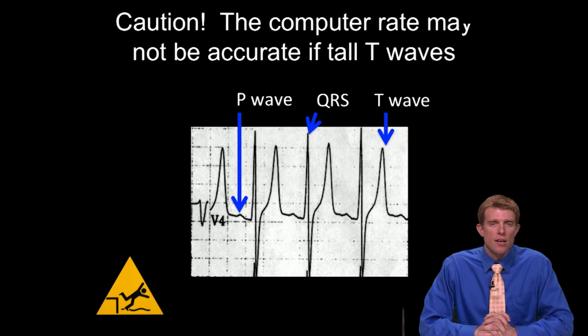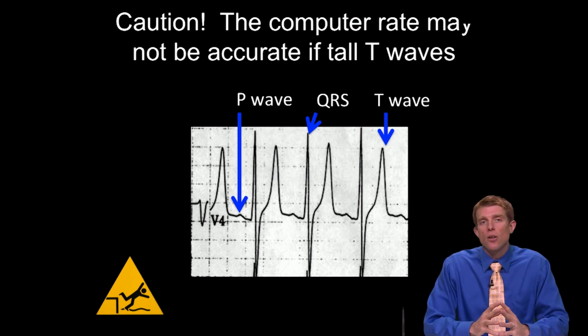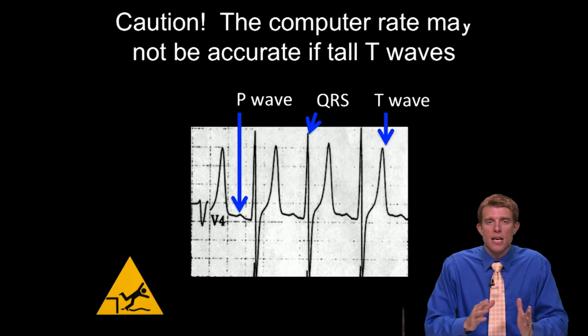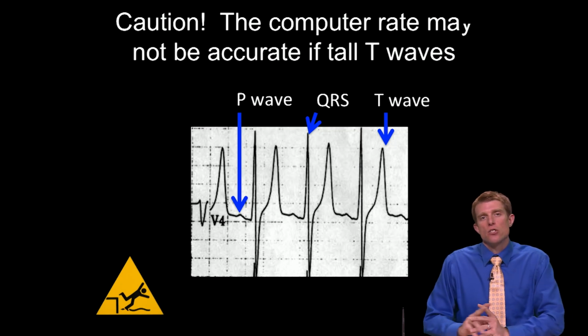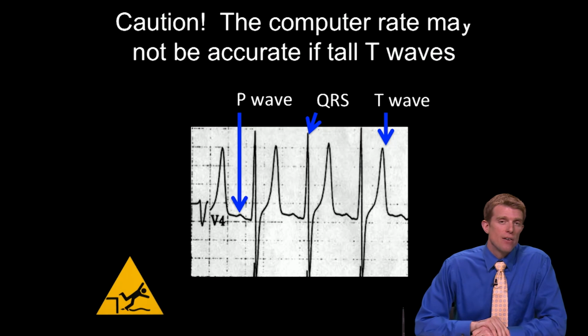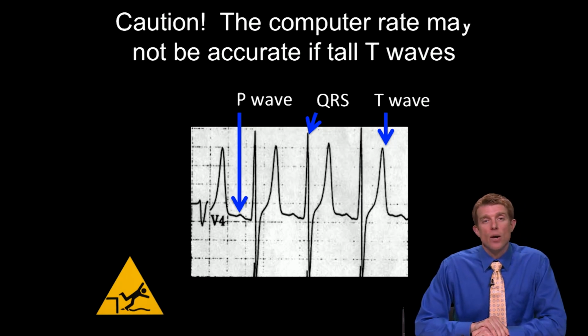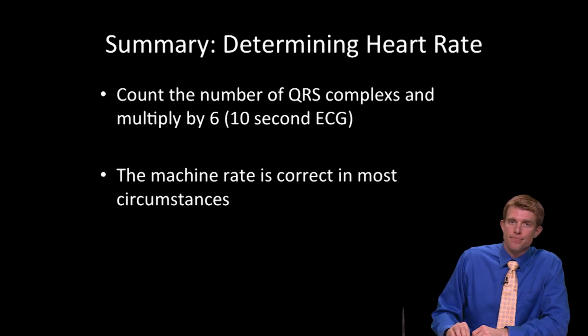The computer can then read the tall QRS complex and the T wave and show a heart rate that is twice the patient's actual heart rate. So be careful in situations where the rate looks very fast and the T waves are large or very tall, and confirm the electrical rate on the monitor or ECG with the patient's pulse again.